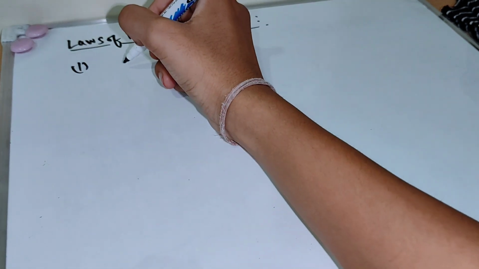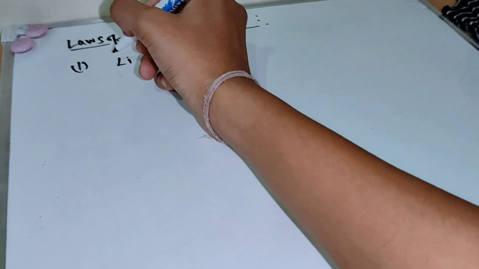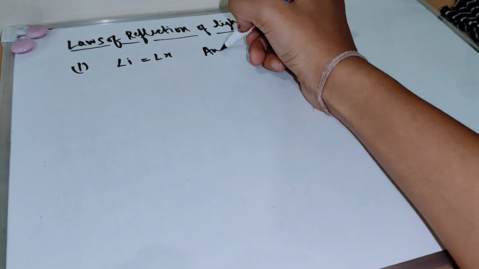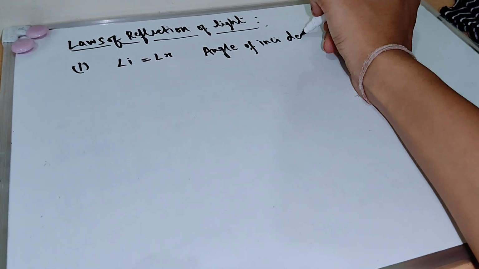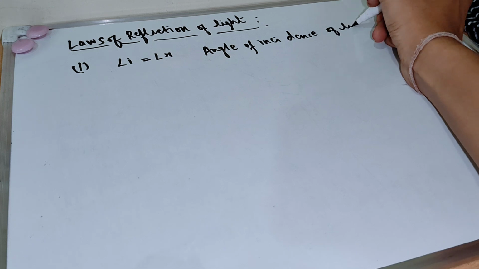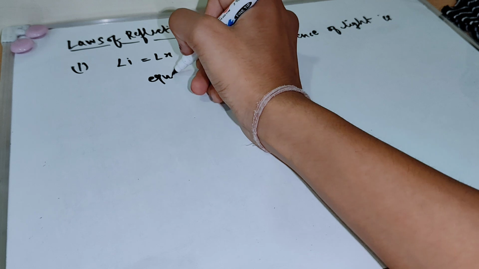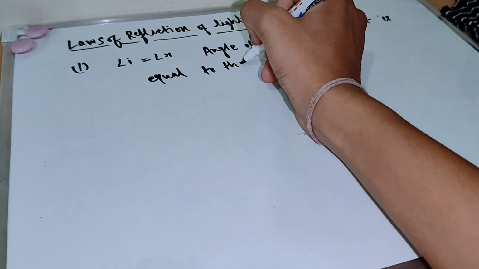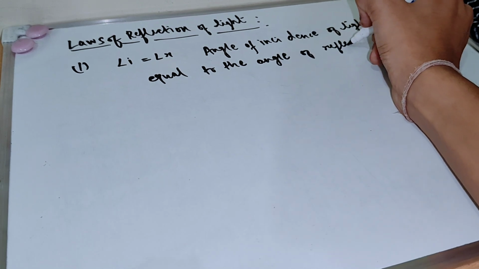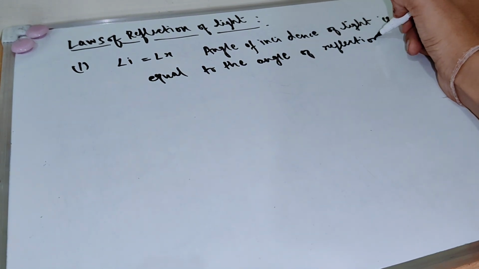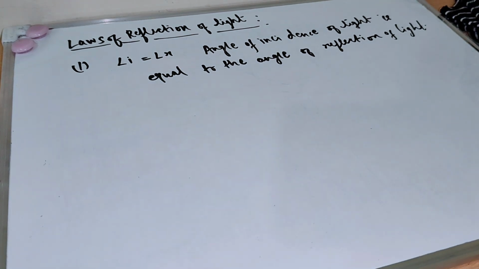The first law states that angle I is equal to angle R. The angle of incidence of light is equal to the angle of reflection of light. This is the first law.